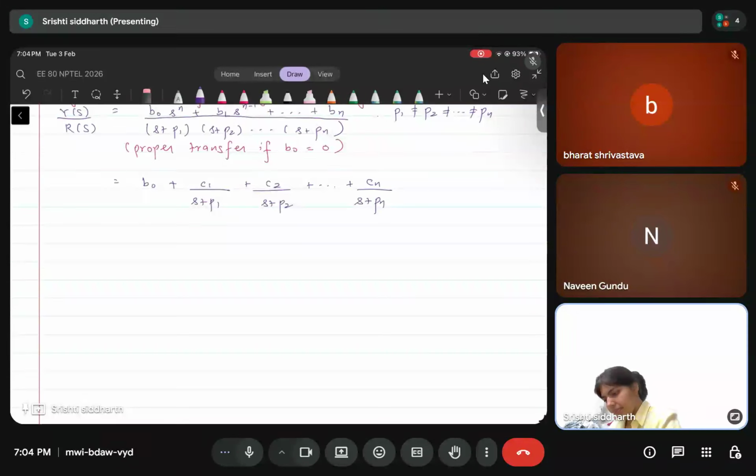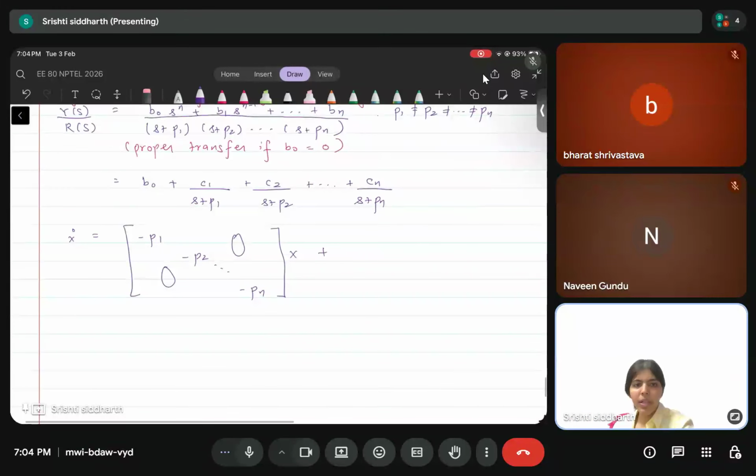In that case, the state space model in the diagonal form is written as x dot equals the diagonal matrix with minus p1, minus p2, till minus pn, zeros everywhere else, times x, plus b u, which has a special form: it just has 1s, a column vector. And the output y we'll form using the coefficients c1 to cn.